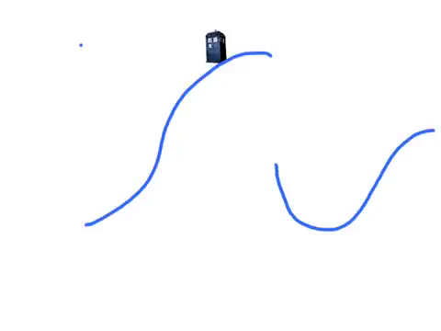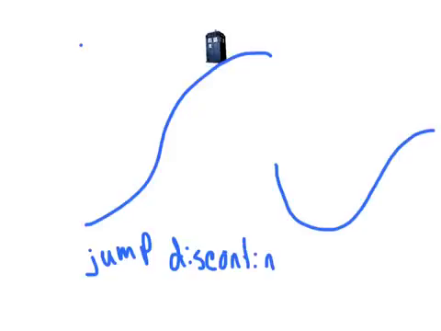And sometimes we have a discontinuity with a gap in it. That's called a jump discontinuity. We see those when we have a gap like this between the two sides. It still passes the vertical line test, though.